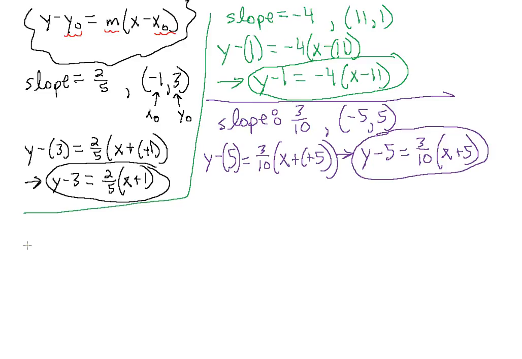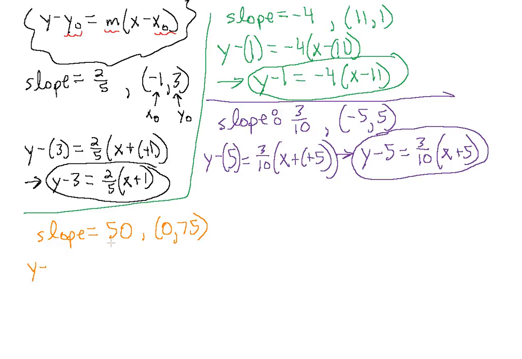All right, let's do a couple more. Let's say we have a slope of 50. This is a very steep line, almost straight up and down, and it passes through the point 0, 75. This is nothing to get excited about when we see big numbers like this. We just plug them into our point-slope form.